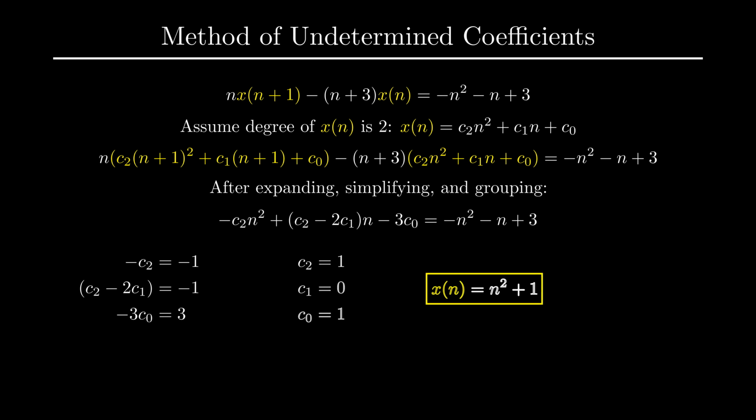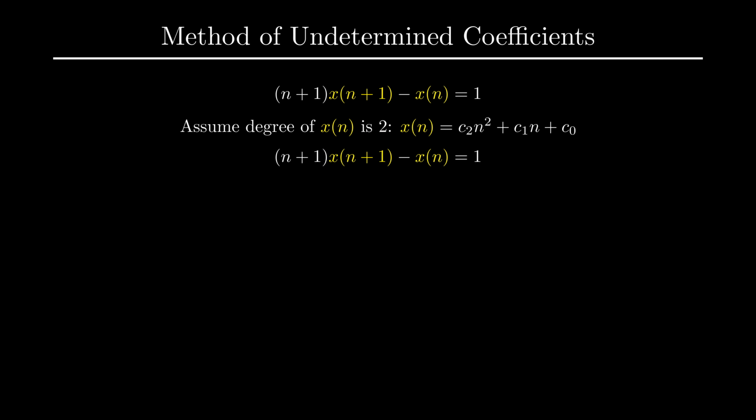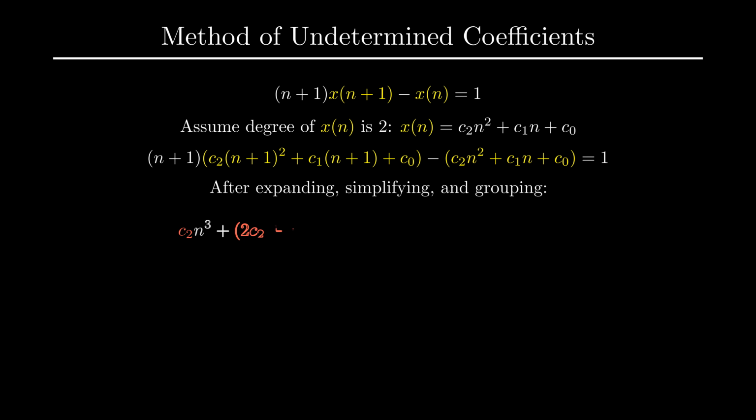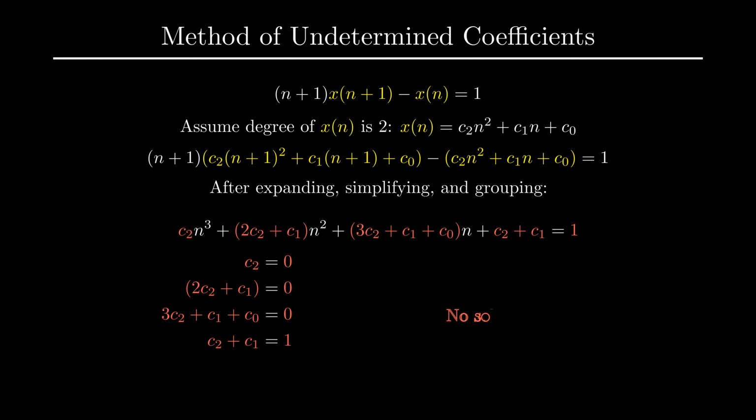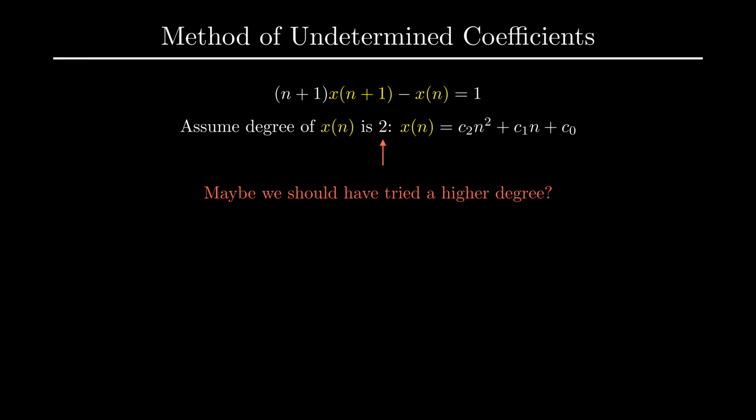However, there is a small wrinkle to this problem that needs to be addressed. Sometimes you will get no polynomial solutions from your assumed degree. Unlike Zeilberger's method, which we know guarantees an answer thanks to the fundamental theorem, it is possible that there is no polynomial solution here at all.